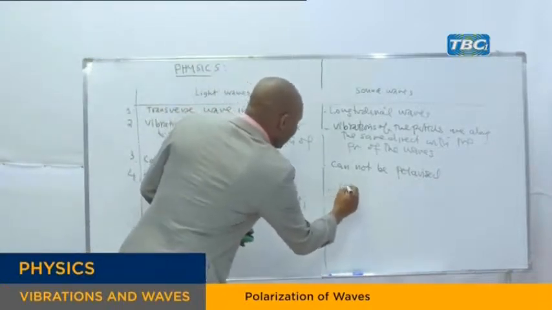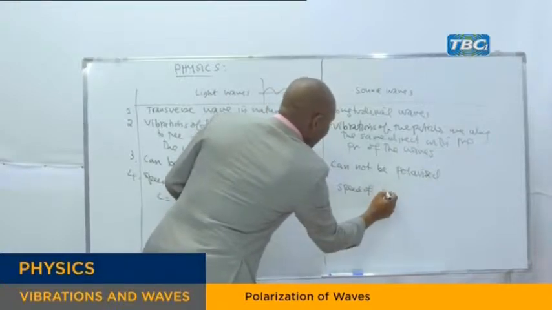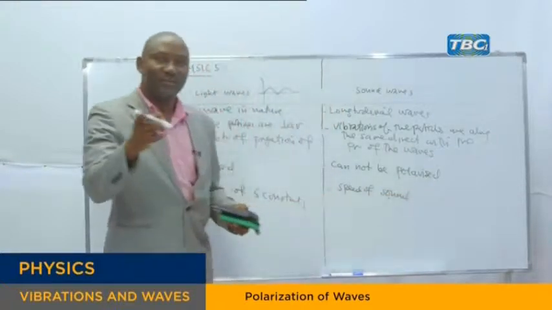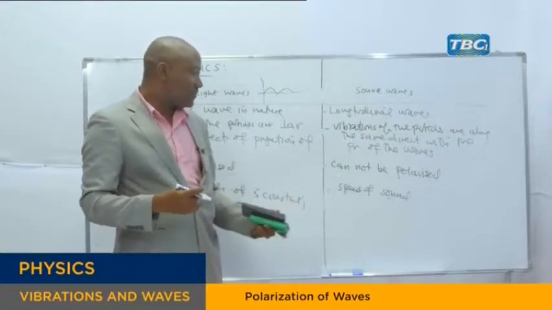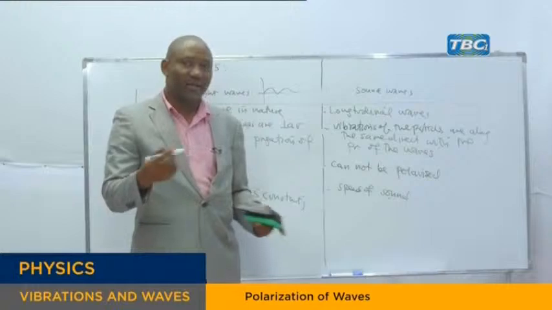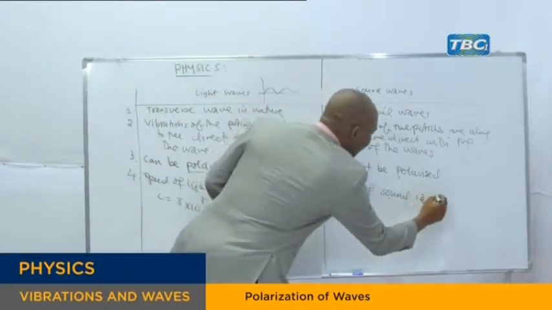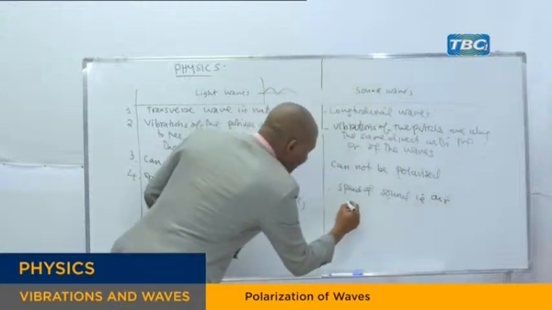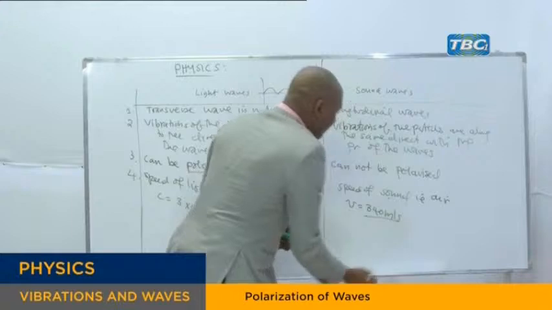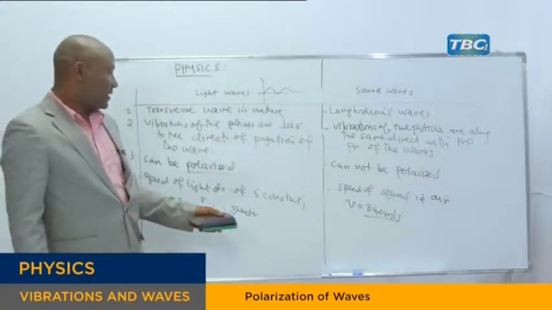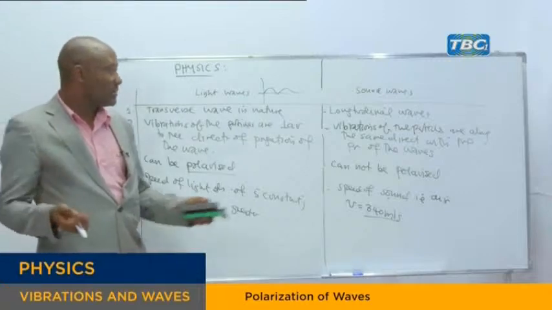The speed of sound depends on the medium in which the waves propagate. For example, sound produced in air is different from sound produced in water. In air, at normal temperature, v equals 340 or 330 meters per second. This is the speed of sound in air, and it depends on the medium in which it propagates.